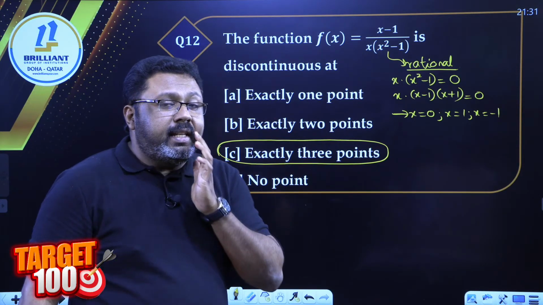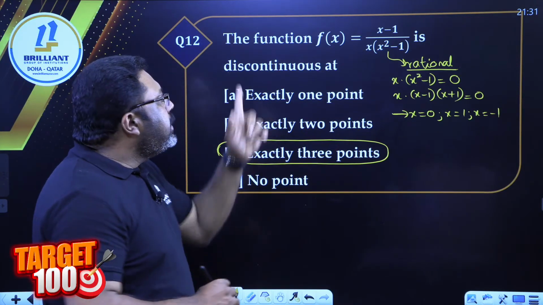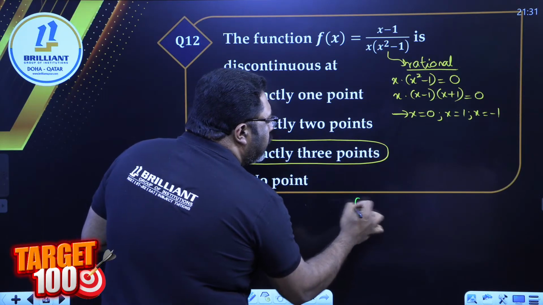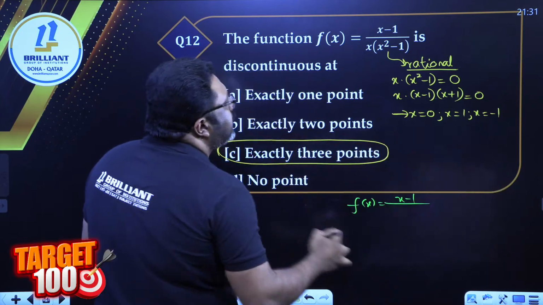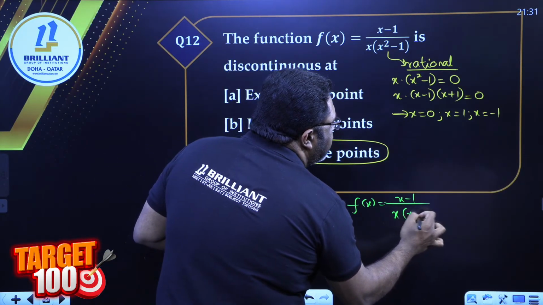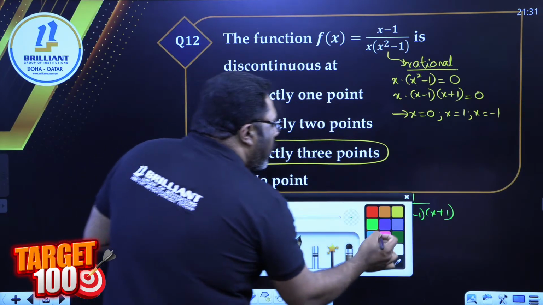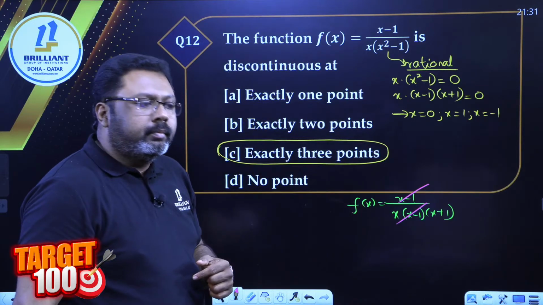But I have seen certain students making a mistake in this question. The mistake they usually do is this one. They would say, sir, why can I not simplify this and say this is going to be x into x minus 1 into x plus 1, and why can't I cancel this x minus 1 and x minus 1?